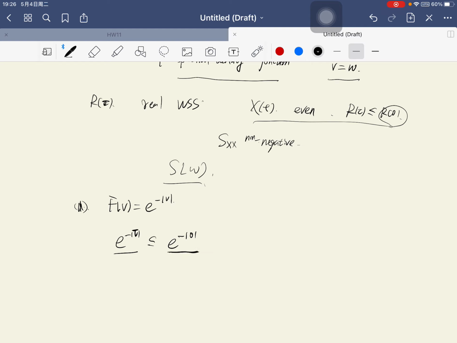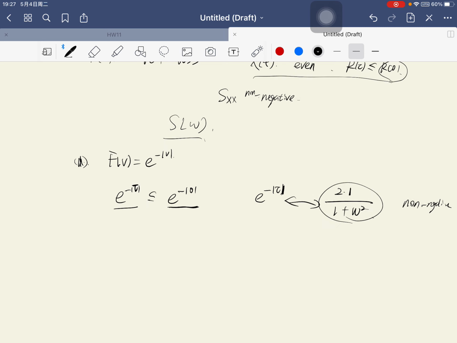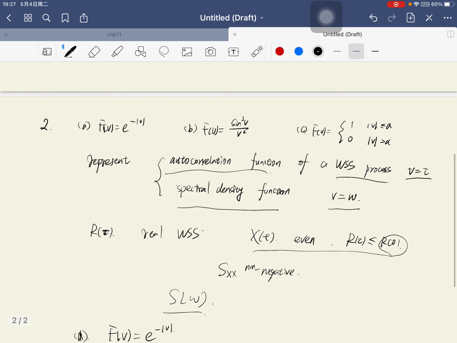is obvious. And we can use the Fourier transform of it, which equals 2 times 1 over 1 plus omega to the power of 2, and it is obviously non-negative, so it is the autocorrelation of a WSS stochastic process. And for the second, could it represent the spectral density function?